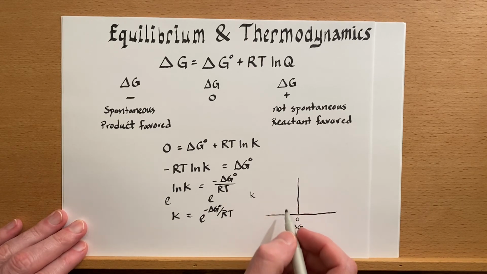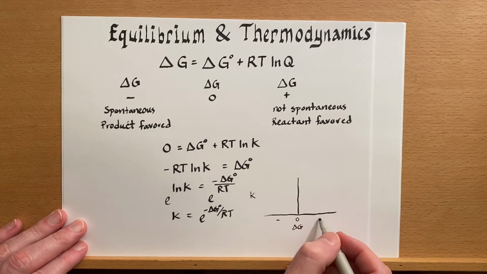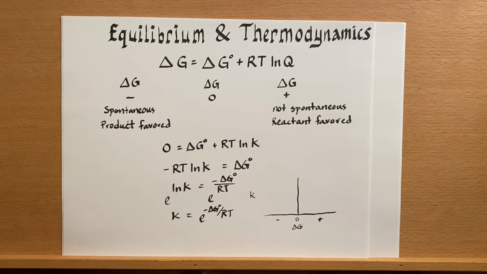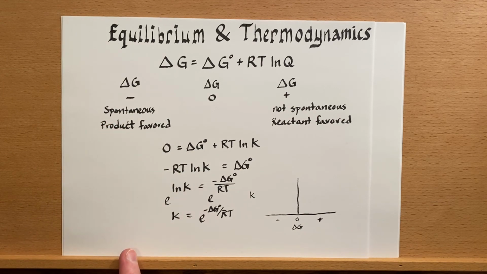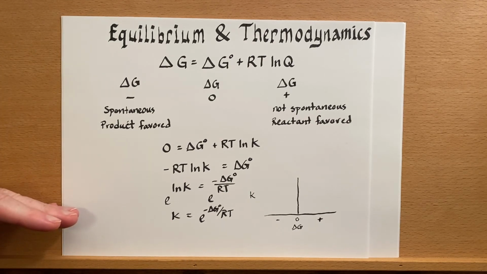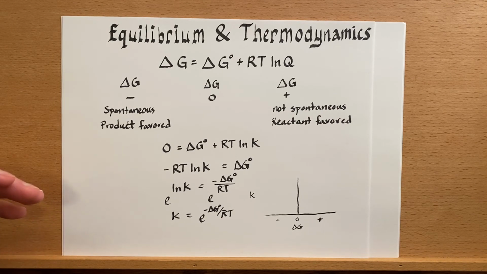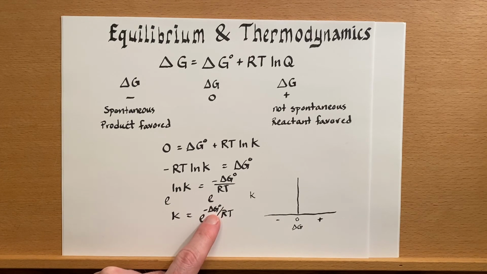And if we do that, over here is negative delta G values and over here is positive delta G values. Now, if we have a negative delta G, that means that the reaction is product favored. And if the reaction's product favored, that means that K is large. Remember, it's products over reactants. And so to get a larger value, we would want more products. That means product favored. And indeed, this equation does support that.